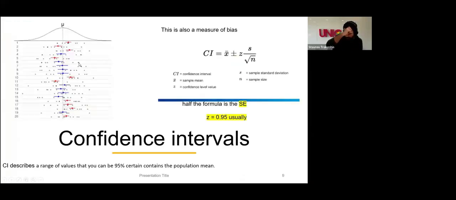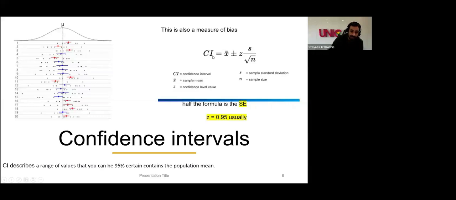Another measure of bias is the confidence interval that I'm not going to talk a lot about today, but I think you should know from previous lectures in this series of webinars. But the confidence interval, basically half of it, is the equation of the standard error. So this part here is the standard error, multiplied by a confidence level, which usually is 0.95 and means 95% confidence interval.